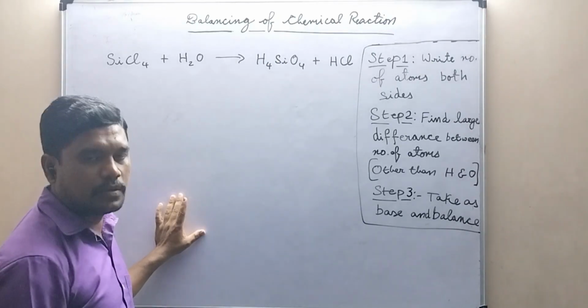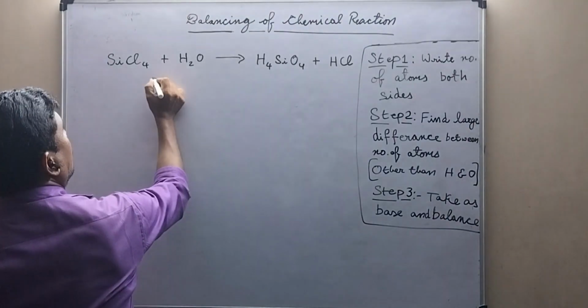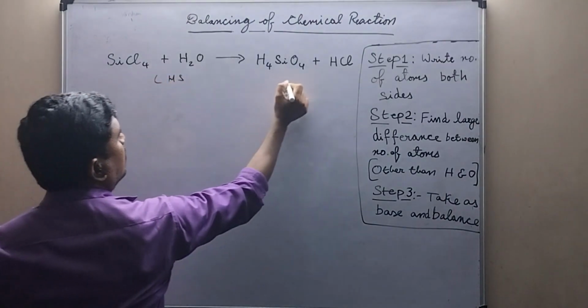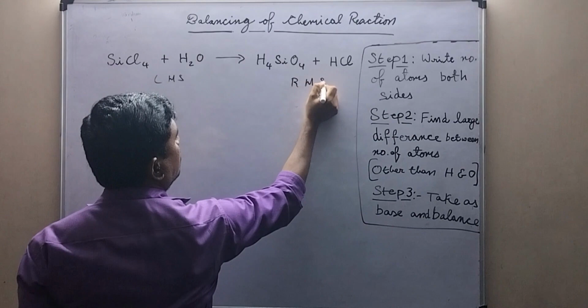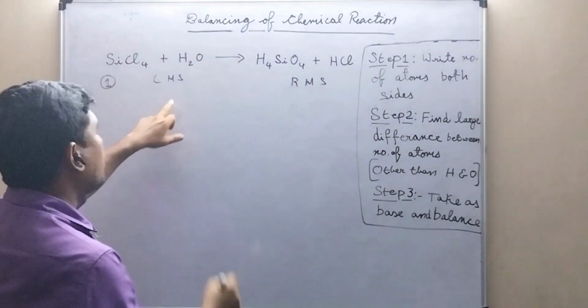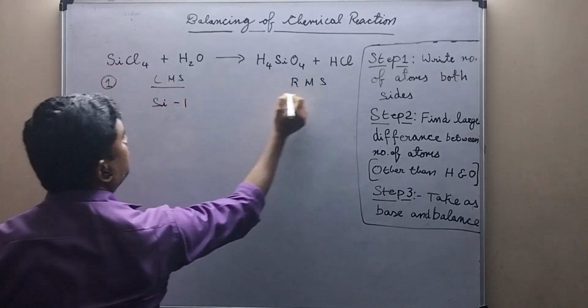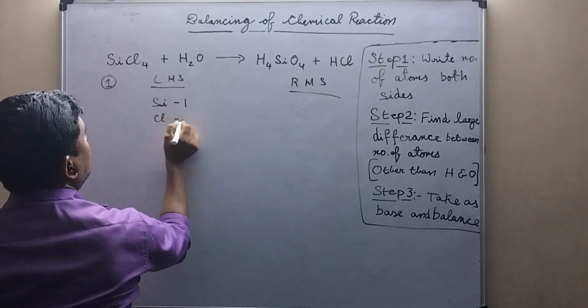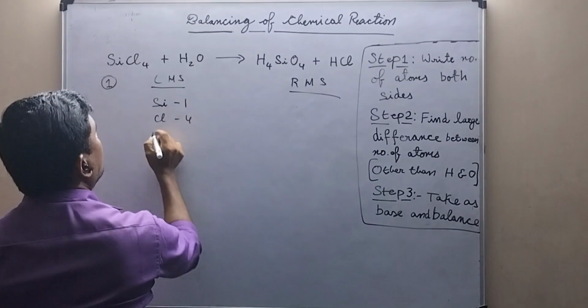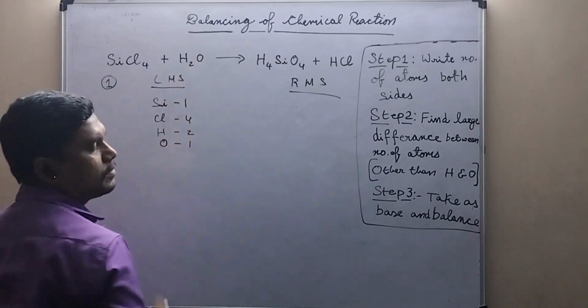Step number 1, write the number of atoms on both sides. I am writing left hand side, right hand side. On the left hand side we write the number of atoms: silicon 1 atom, chlorine 4 atoms, hydrogen 2 atoms, oxygen 1 atom.